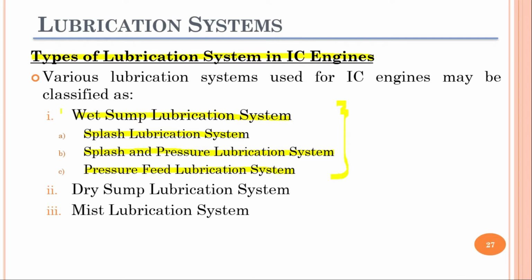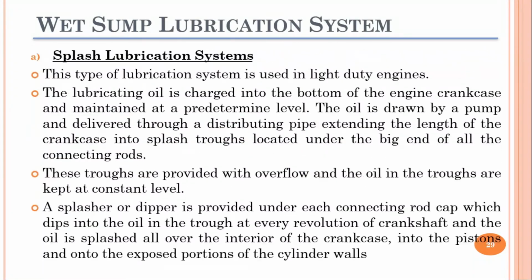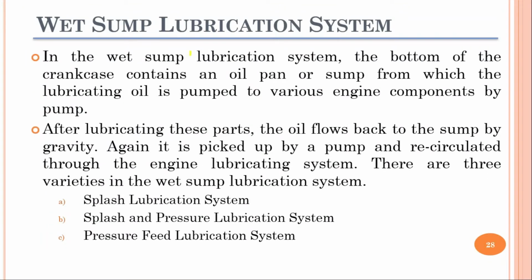As the name suggests, the oil sump in the wet sump lubrication system will consist of lubrication oil. Now here you can see in the wet sump lubrication system, the bottom of the crankcase contains an oil pan, or you can say oil sump, from which the lubricating oil is either pumped or splashed.